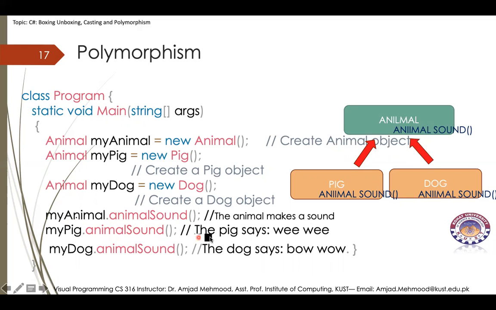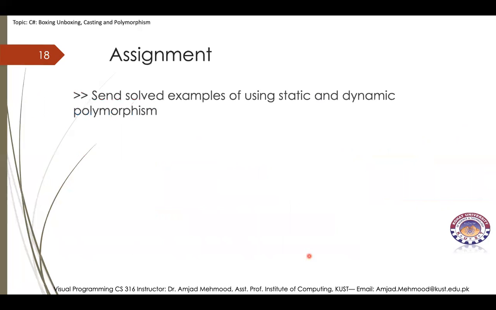If you bind the object of the child, which was Pig, you will get the oink message of the pig. And if you assign the object of Dog to Animal, you will get the bow bow. This is how things will be done.